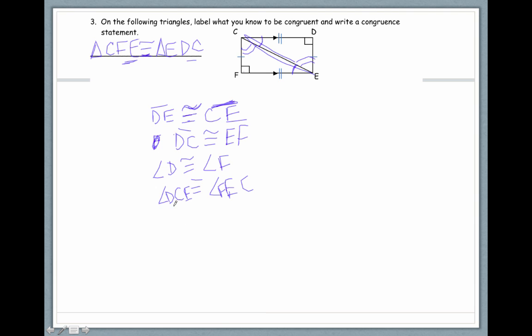We could have written this all out, angle DCE congruent to FEC, and then we could have looked at it and said, if I'm going to do this, I'll do this outside line first, FEC, and then I'll do this outside line first, DCE, and then we would have already had these in order. But that is how they ended up anyway, so that's fine.